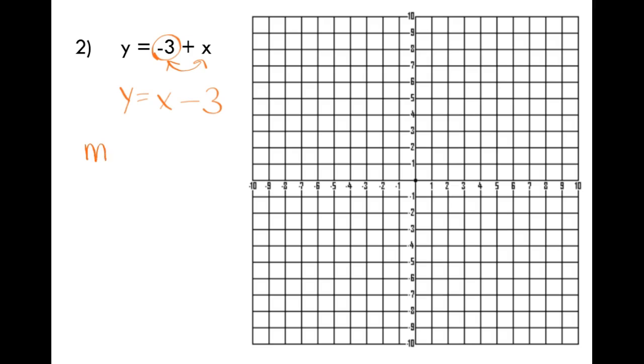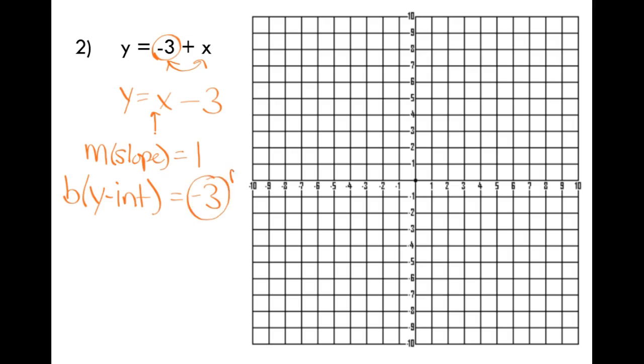So now my m, or my slope, equals that number right there, which is the invisible 1. And my y-intercept, or b, is the -3. Alright, so it's pretty close to what the last one started at.